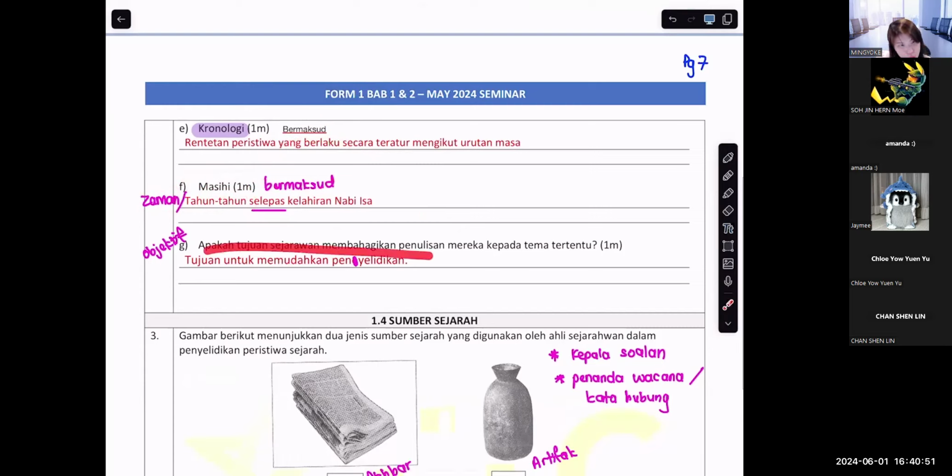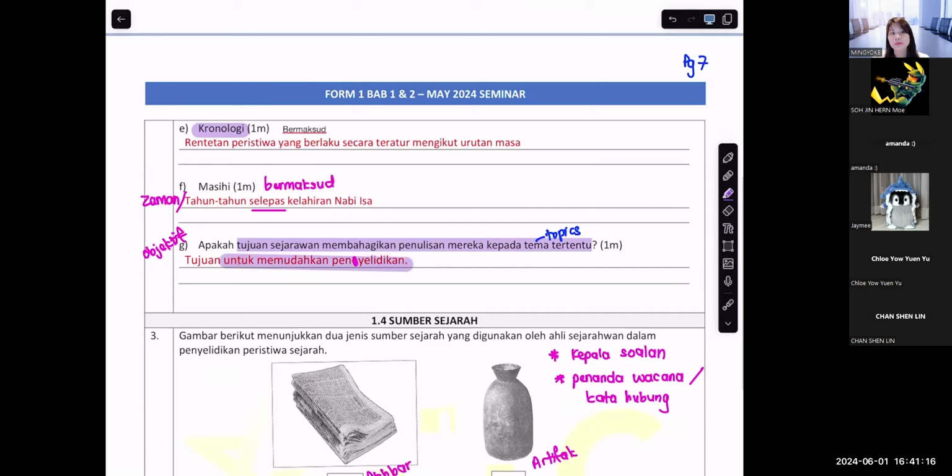Then, apakah tujuan sejarawan membahagikan penulisan mereka kepada tema tertentu? Why do historians divide their topics? Okay, then you need to write kepala soalan. Tujuan sejarawan membahagikan penulisan mereka kepada tema tertentu untuk memudahkan penyelidikan.